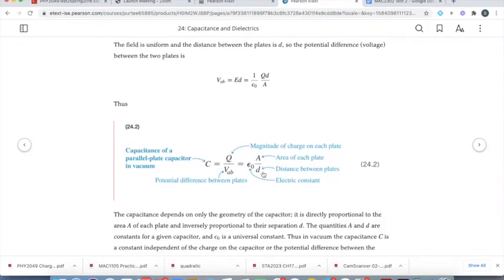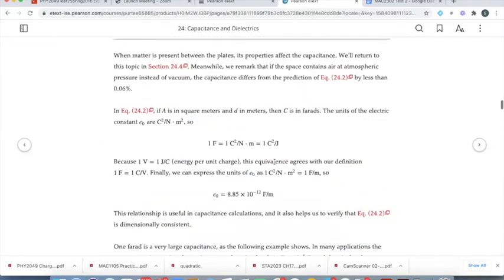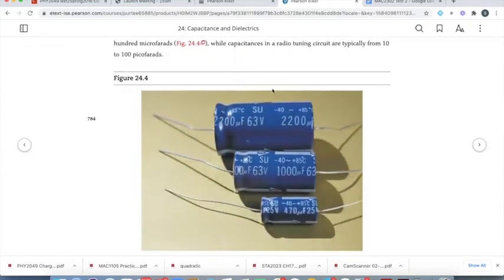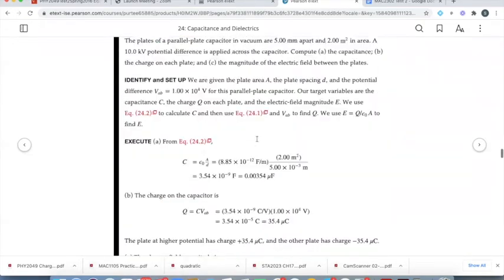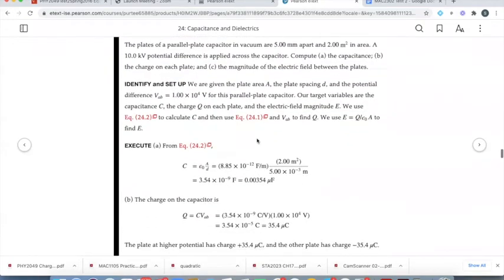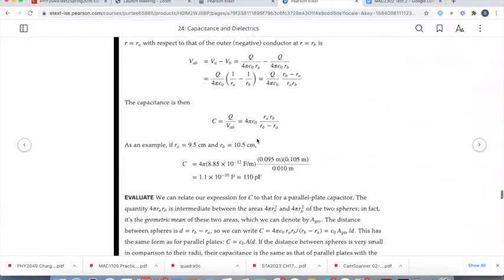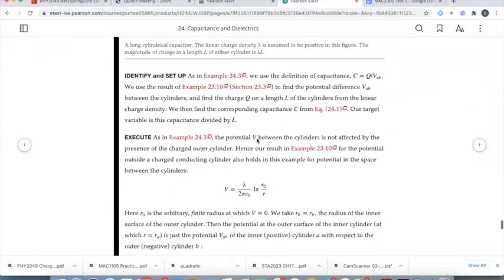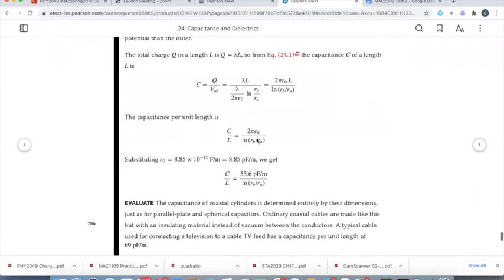Okay, so that's a parallel plate capacitor. That's one of the most common. In your computer right now, you probably have a couple. What are more common, though, are cylindrical capacitors. So you can watch all these videos and read all this on your own. What I want to point out here is the formula for capacitance of a cylindrical capacitor.